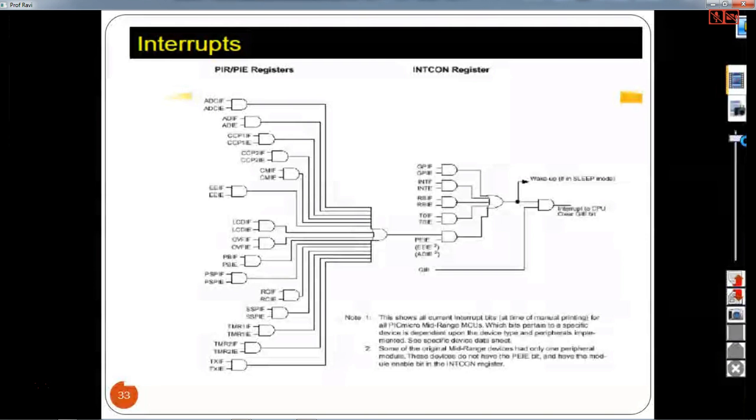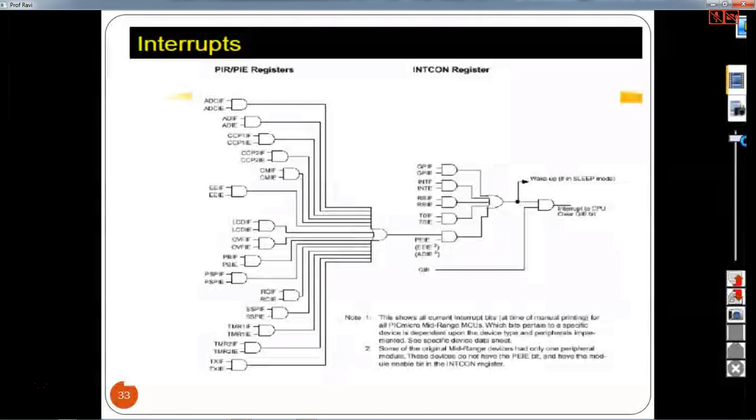So now the features, if you can summarize, the CPU is manufactured in RISC, reduced instruction set computer. It has 35 simple instructions, only 35 instructions, and execution time is 4 clock cycles, which is 200 nanoseconds.